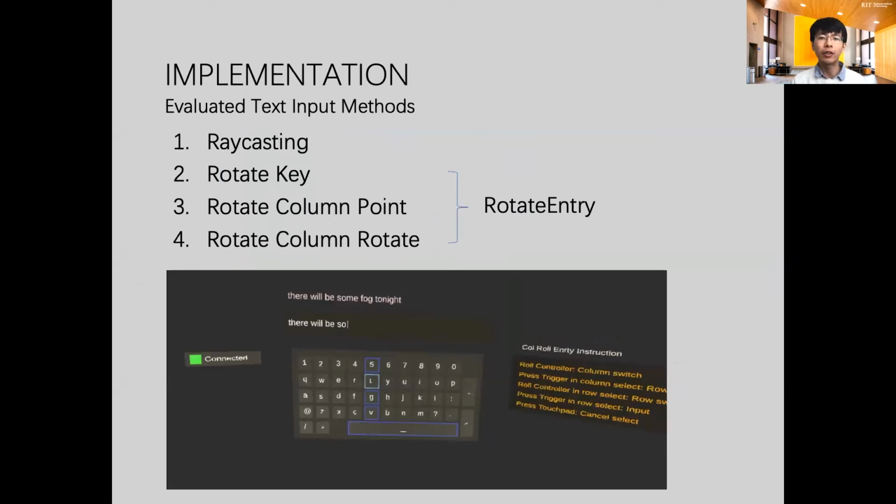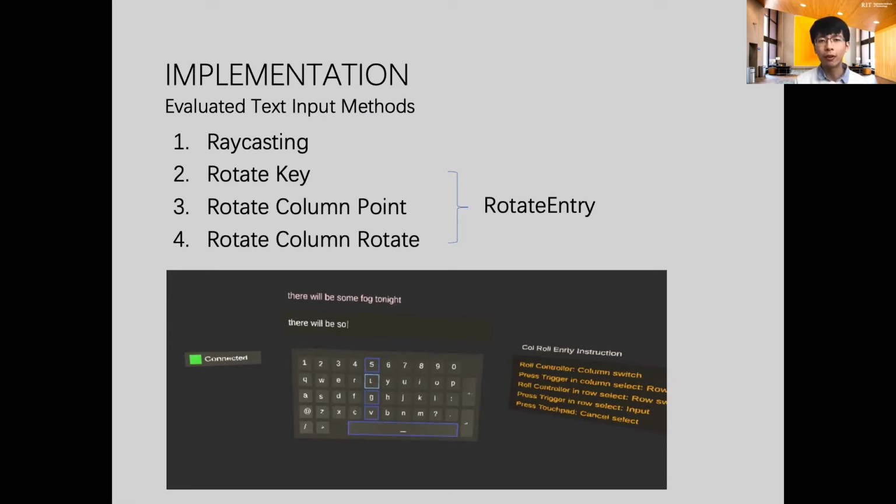For the evaluation, 4 different text input methods were developed. The first one was using the standard raycasting style interaction, and the other 3 were developed based on the proposed RotateEntry concept.